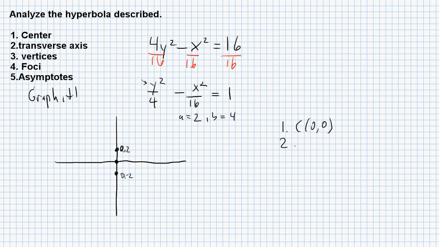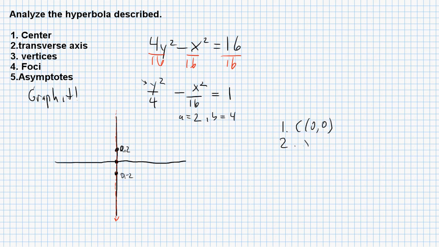Now, based on the fact that that is a vertically oriented hyperbola, the transverse axis has to be going vertically through the focal points, through the center and through the vertex points. And so you can see here that the transverse axis has to be the y-axis.